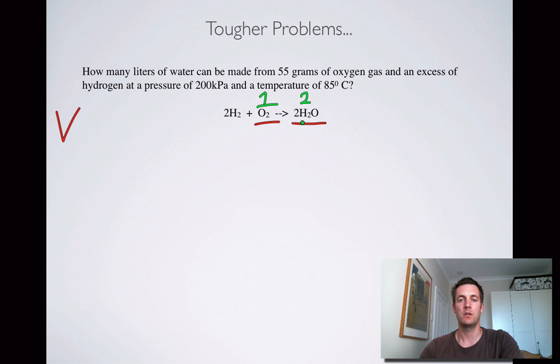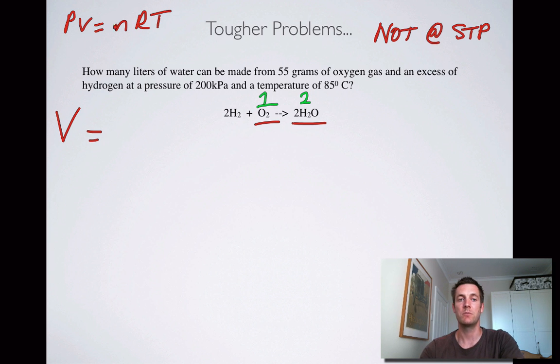So the number of moles of water is related to the number of moles of oxygen. The volume of water, how do we find that? We can't use the formulas that we have used before because we're not at STP. So as soon as you see a question at a different temperature and pressure to STP, then you have to use PV equals nRT.